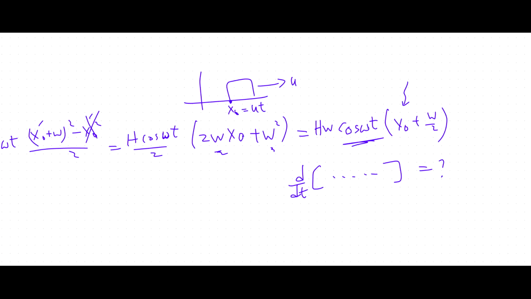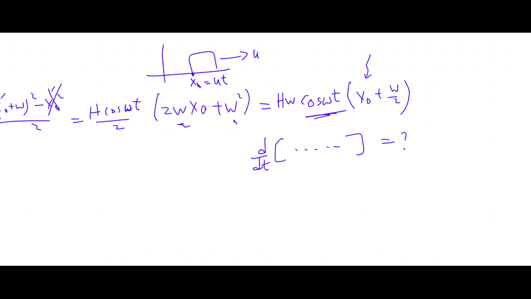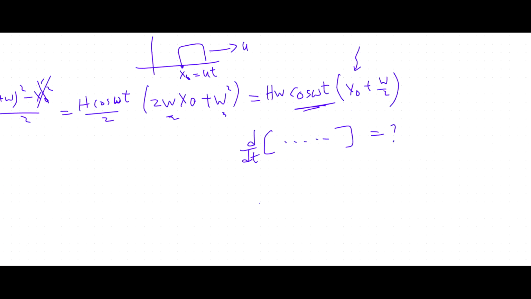So let me take a derivative first. These are two functions of time, so we have to apply the product rule, right? What is the product rule? You take the derivative of one, holding the other function constant, plus the derivative of the second one, holding the first function constant, right? So I'm going to take a derivative, and hw is just a constant. I'm going to take the derivative of the first one first, and that would be negative omega sine omega t, right?